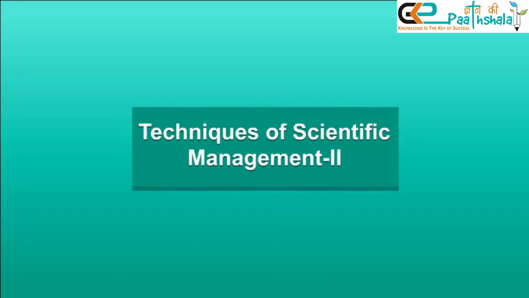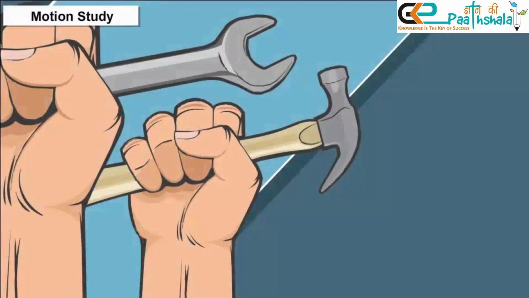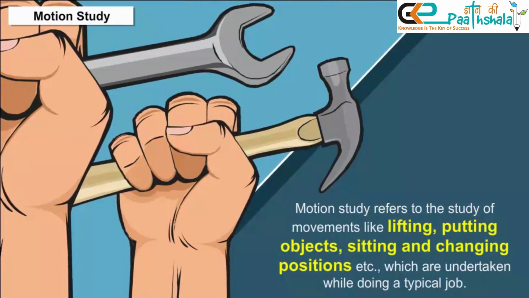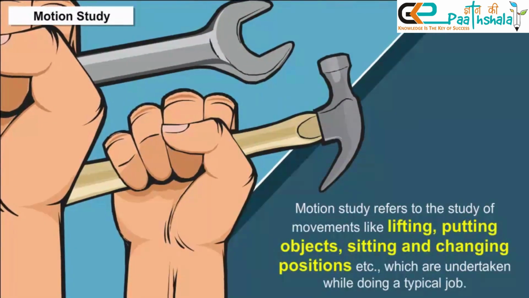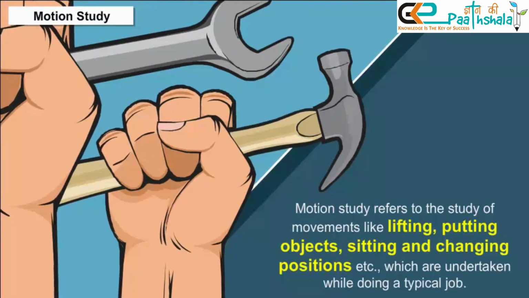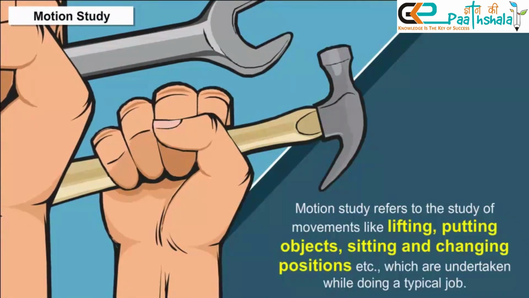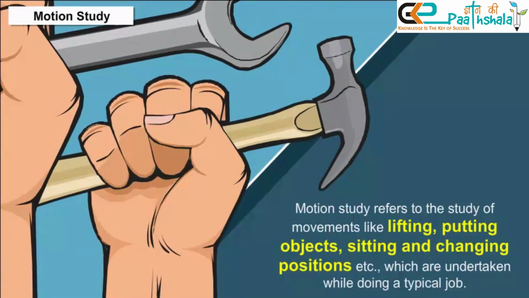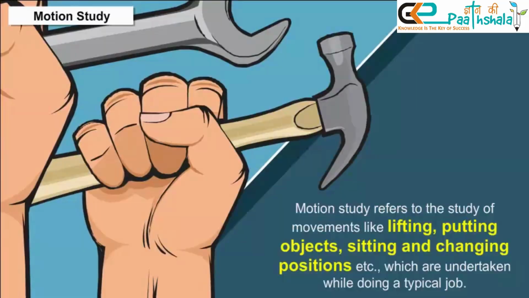Techniques of scientific management. Motion study. Motion study refers to the study of movements like lifting, putting objects, sitting, and changing positions, etc., which are undertaken while doing a typical job.